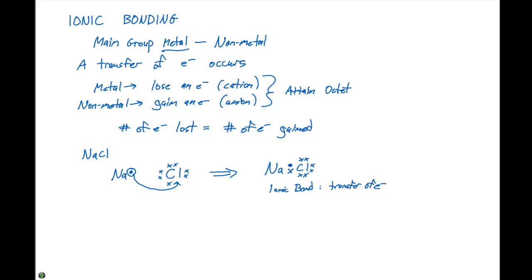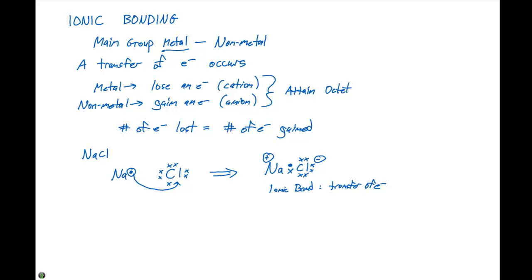And when this transfer takes place, the sodium is going to have a positive charge and the chloride is going to have a negative charge. And what happens here is that we can form an extended solid, and it'll form a crystal structure, and we'll talk about the specifics of those crystal structures in a later section.